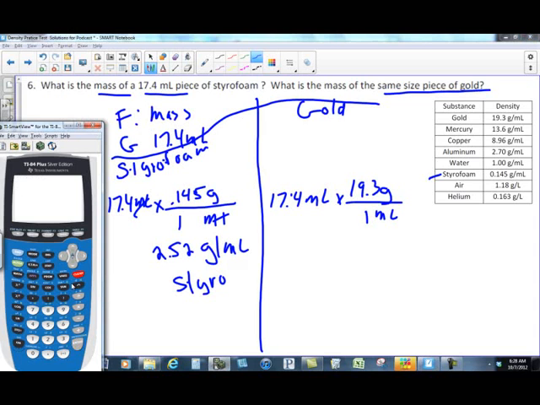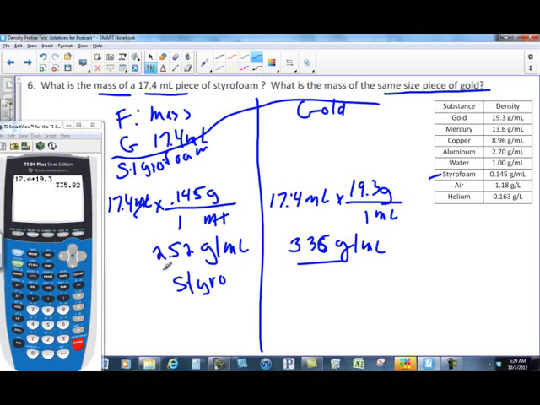And I want to punch the same thing, 17.4 times gold's density, 19.3, and I get quite a bit more, 335.8. I want 3 sig figs, so it's going to be 336 grams. Quite a bit heavier of a block, right? Like more than 100 times more. Okay.